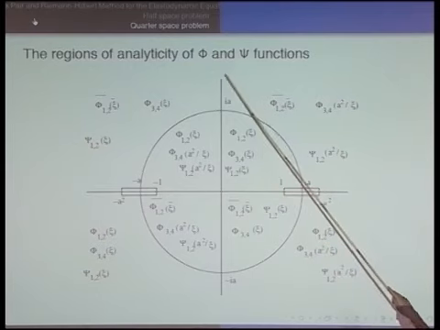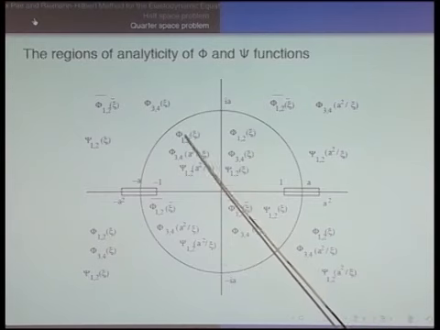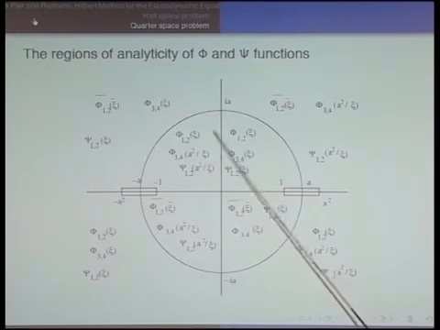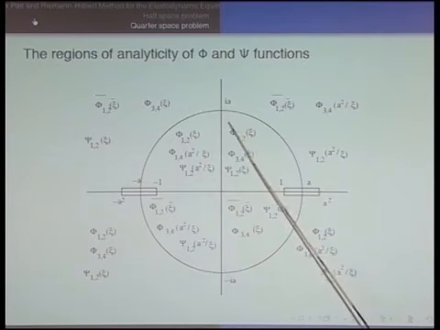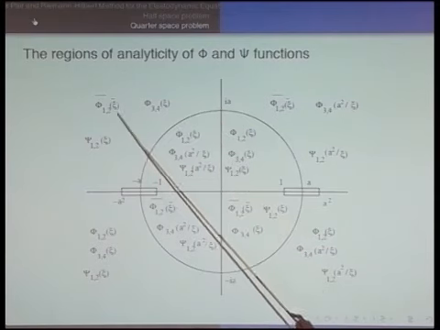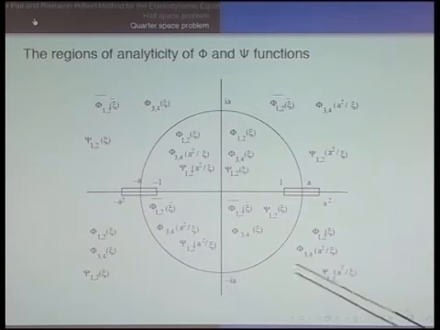Please take a look, for example, at the imaginary part. You see that the unknown functions phi 1, phi 2 don't have any jump on this part of the contour. The same for their continuations, the same here, the same here.